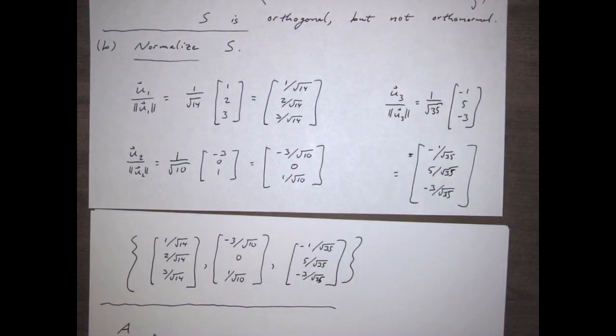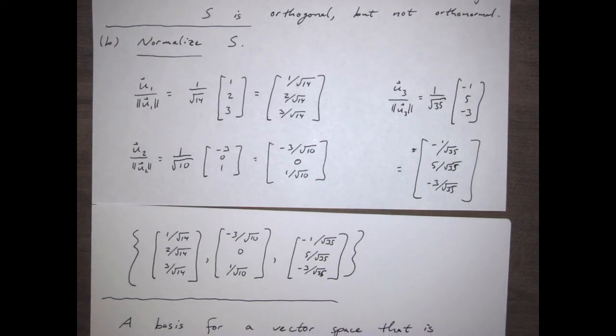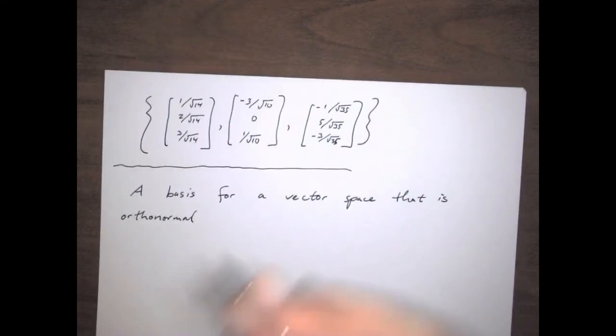And a basis for a vector space that is orthonormal is called an orthonormal basis.